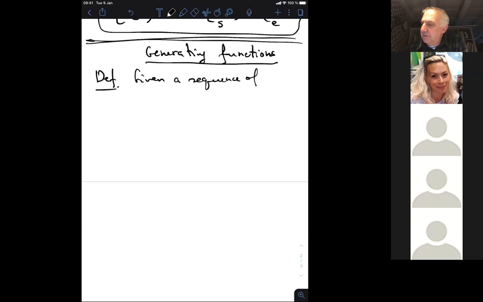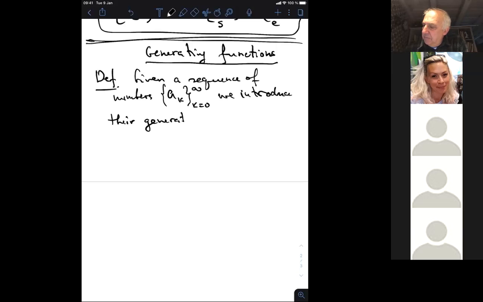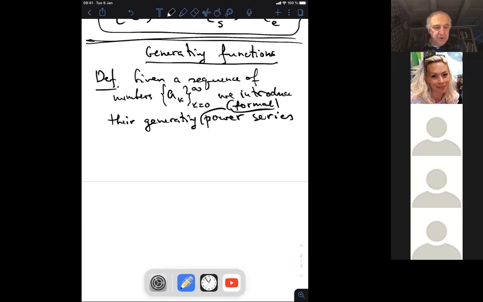of numbers, say a_k, where k runs from 0 to infinity, we introduce the generating power series, and generating formal power series, because I do not require anything about its convergence so far.